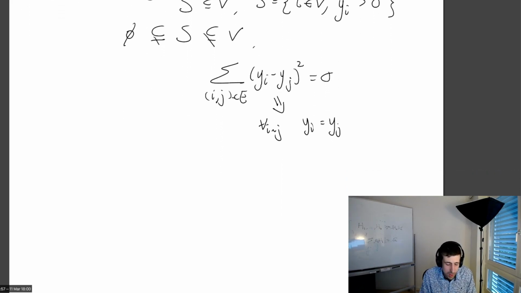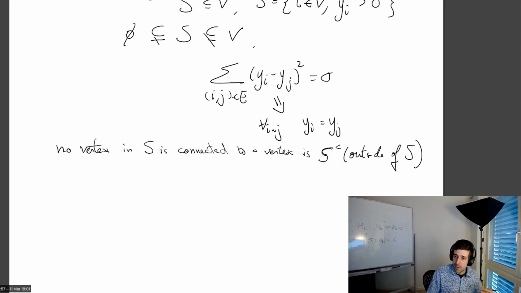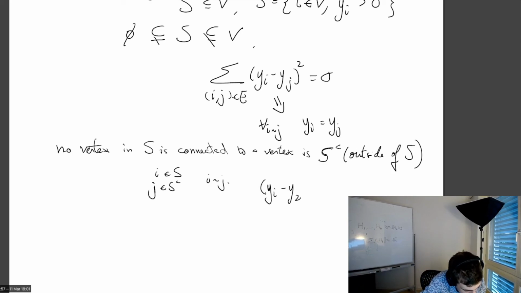So this means in particular that no vertex in S is connected to a vertex in S complement, right outside of S. Otherwise, if there was i in S and j in S complement with i connected to j, then (yi minus yj) squared would need to be strictly positive, and this would be a contradiction.